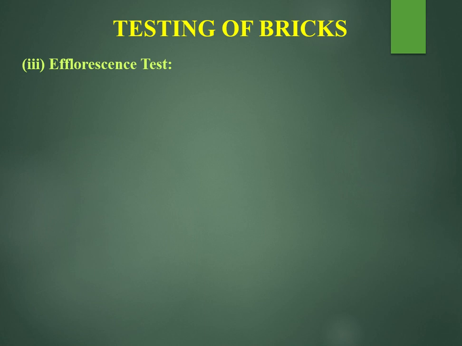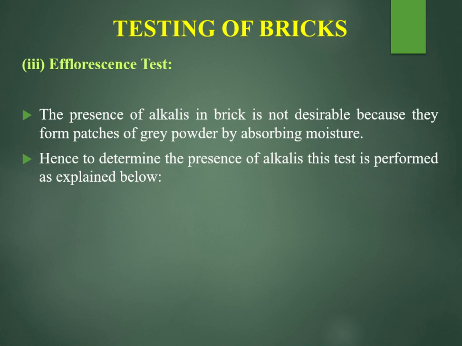Next comes the efflorescence test. What is this efflorescence? When we discussed harmful ingredients in good brick earth, alkalis are harmful ingredients. When we talked about characteristics of a good brick, we already talked about efflorescence, and now we are talking about the efflorescence test. The efflorescence test is performed according to IS code 3495 part 3.